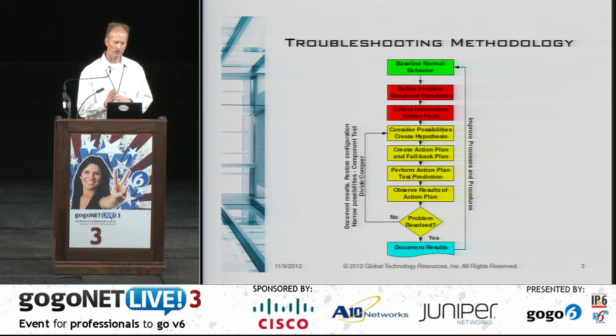And you don't need a troubleshooting methodology if you're troubleshooting a single part problem, a problem that has a single root cause. But when you have problems that are combinations of things affecting each other, and even though v4 and v6 are kind of independent protocols, we all know of things that can affect both, right?